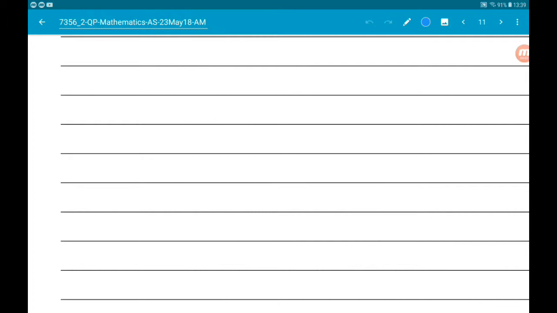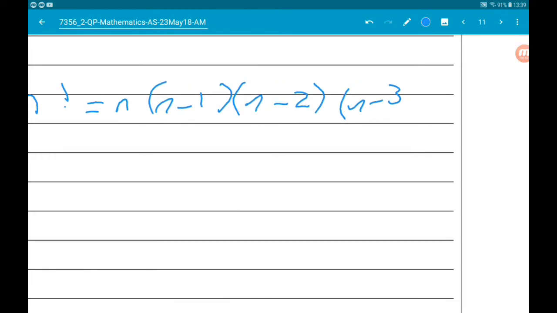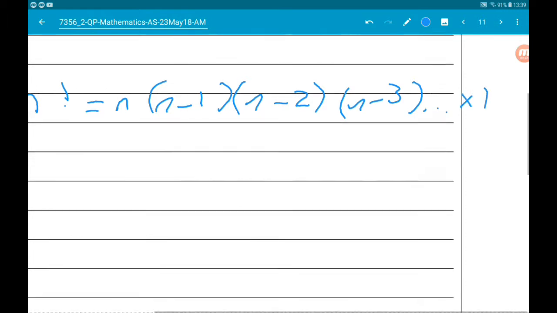Okay, before we even get started with question 10, I just want to do a little bit of revision to make sure you fully understand what factorials are, because we're going to need to know. So n factorial means n times n minus 1 times n minus 2 times n minus 3 all the way down to times 1 at the end.